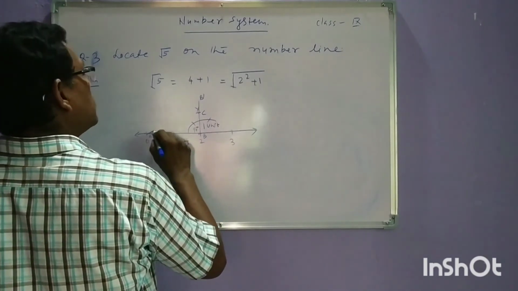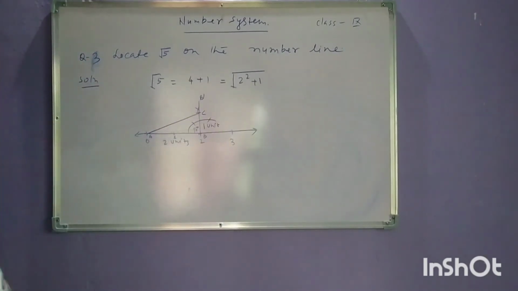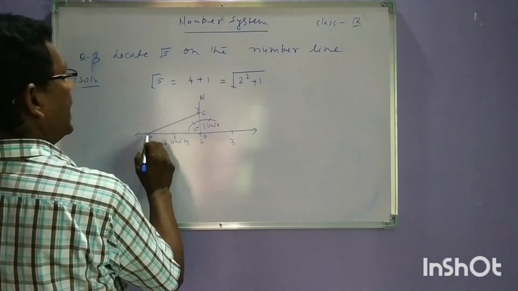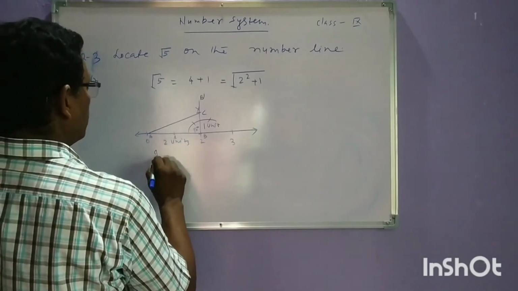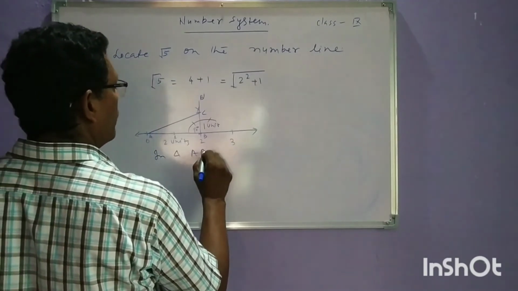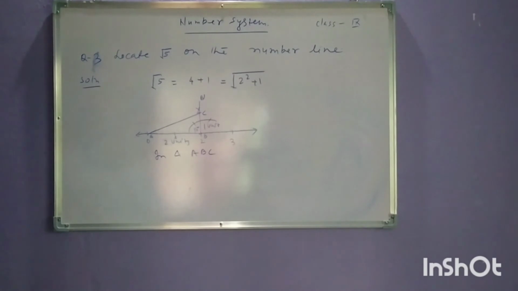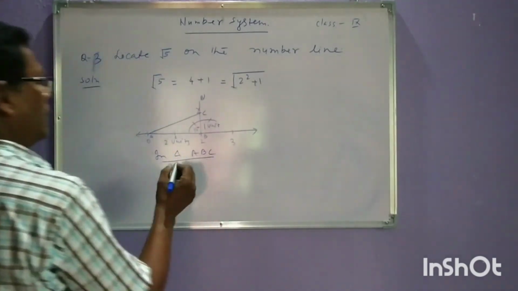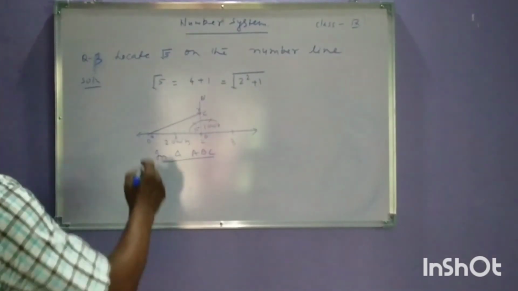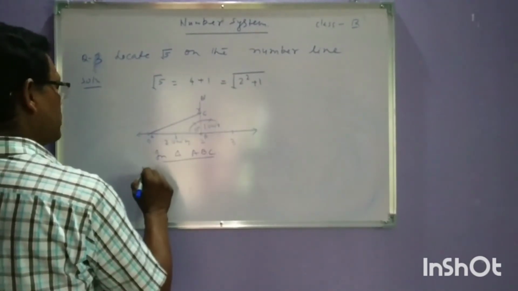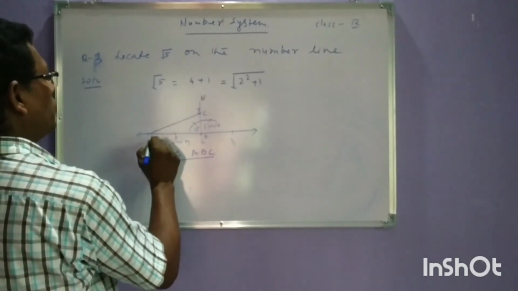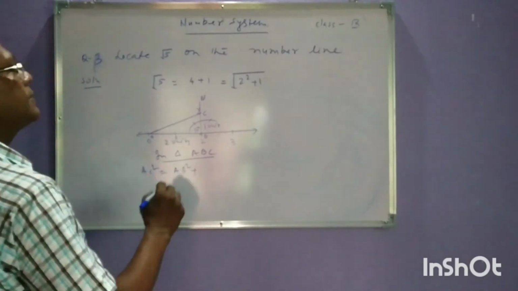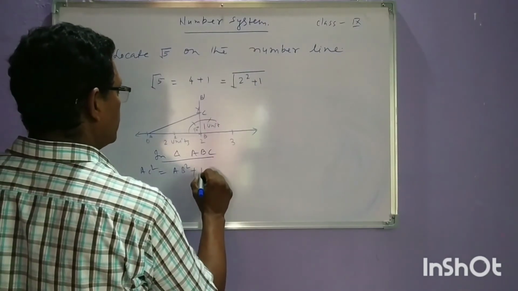Now we join AC. In triangle ABC, we apply Pythagoras theorem. As per Pythagoras theorem, AC square equal to AB square plus BC square.